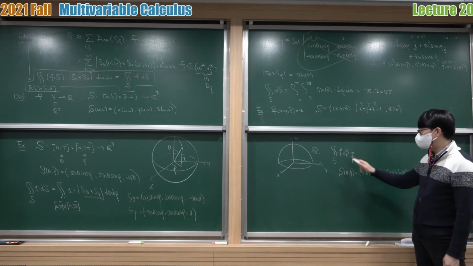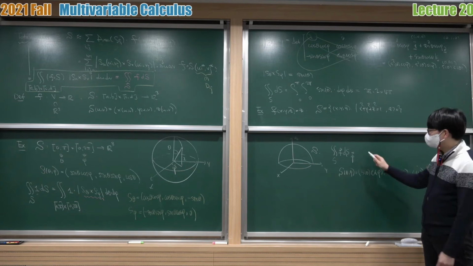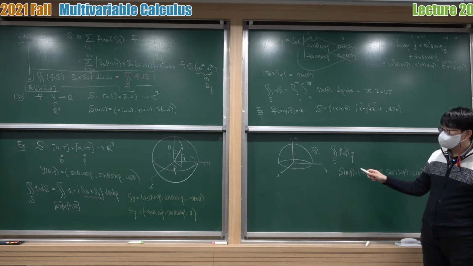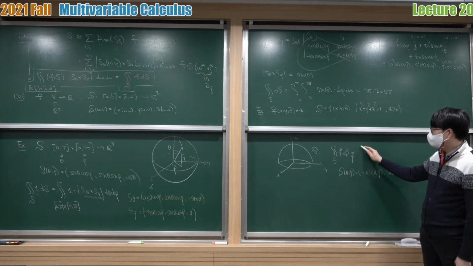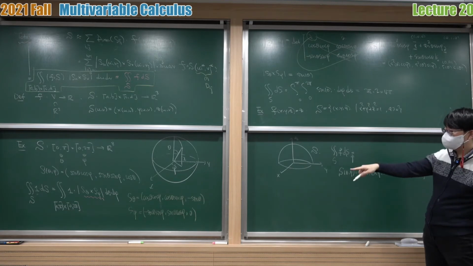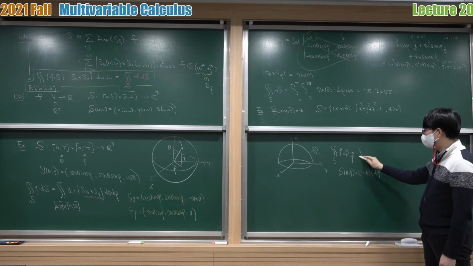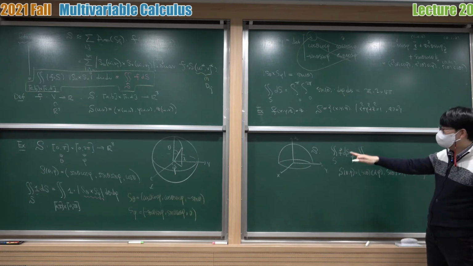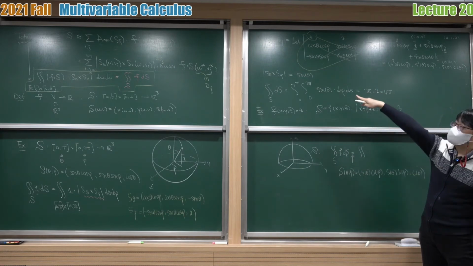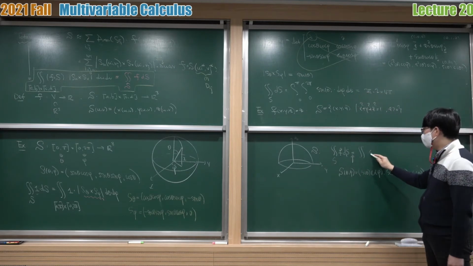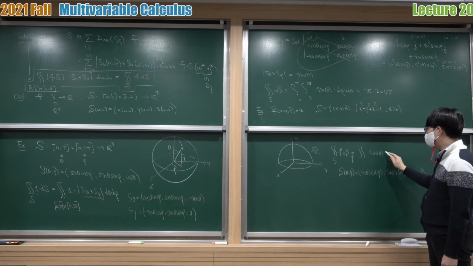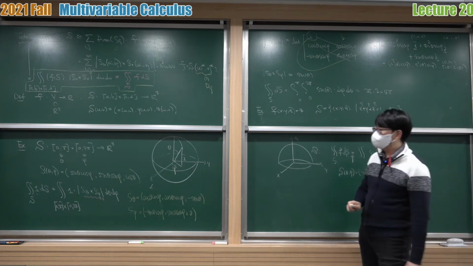And next, find each derivative for theta and phi. We already computed that one here, so it's going to be sine theta. So what else?